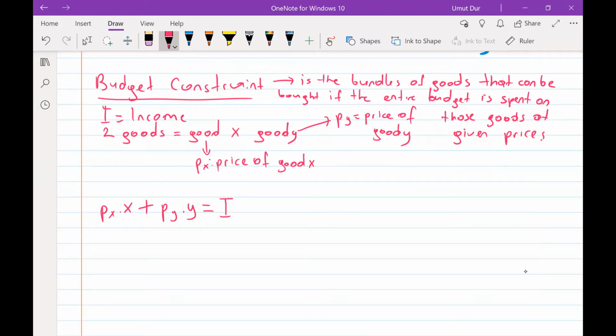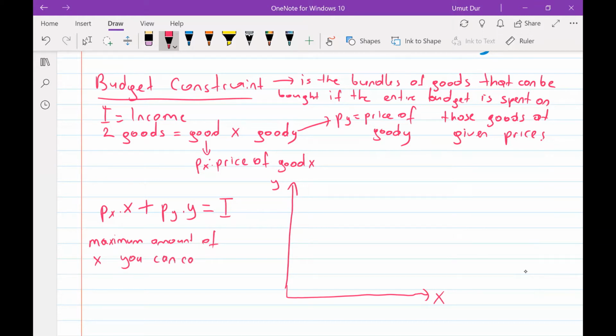So we can show this budget constraint on the graph again. This is X, this is Y. We will first want to find the maximum amount of X you can consume, which is attained when Y is equal to 0.